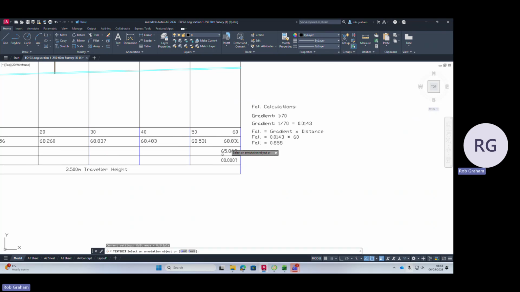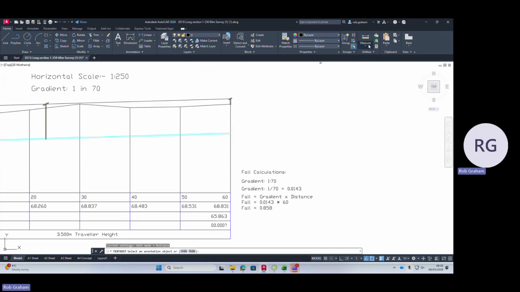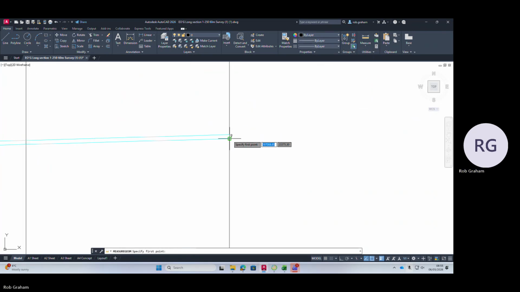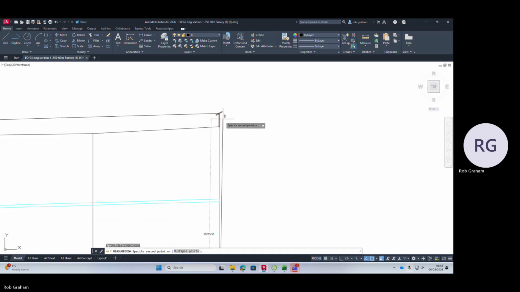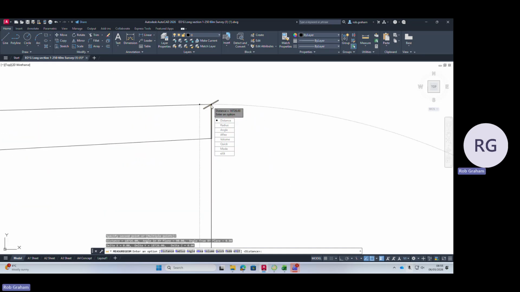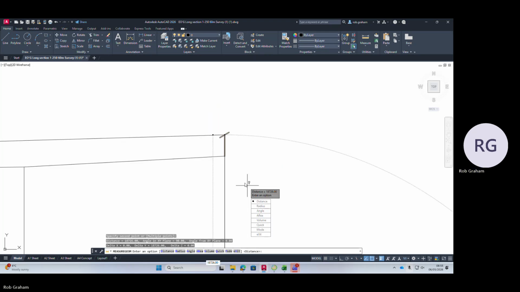Okay, and the same with this here, but just as a check on your drawing, we will measure it. So from your datum line, which is 60, to your profile height, we're getting 18,726 divided by 2 for your scale is 9363.